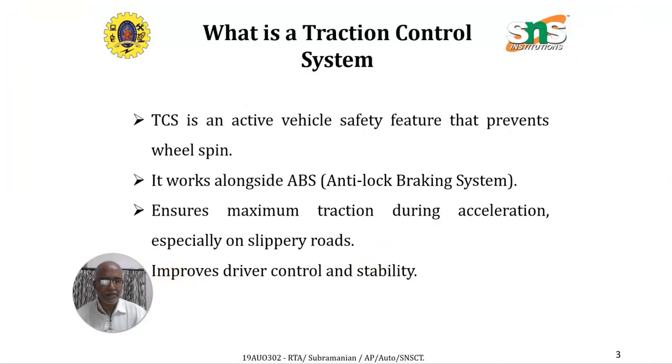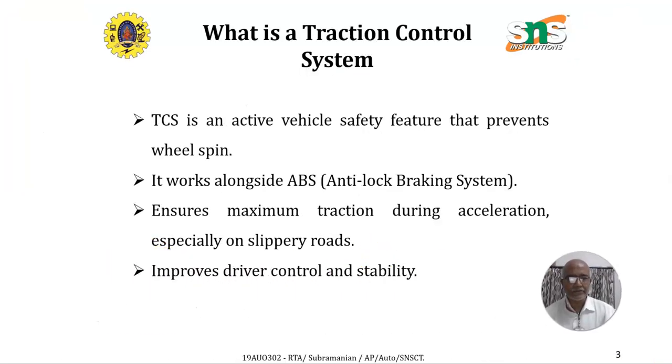So in this system, we can see that the traction control system is an active vehicle safety feature that prevents wheel spin, and it works alongside the anti-lock braking system. It ensures maximum traction during acceleration itself.